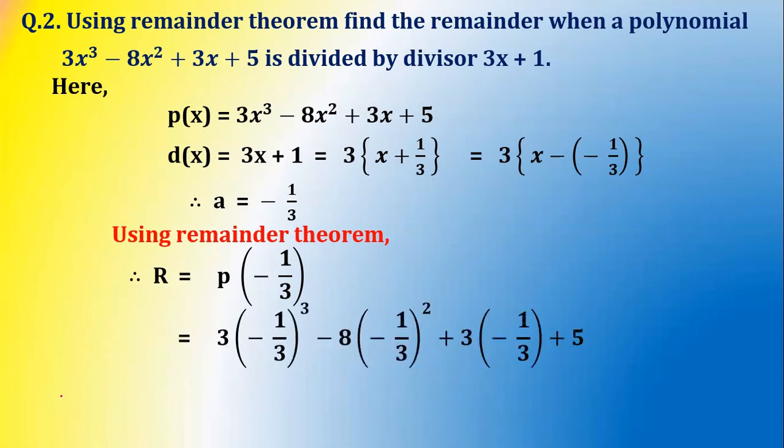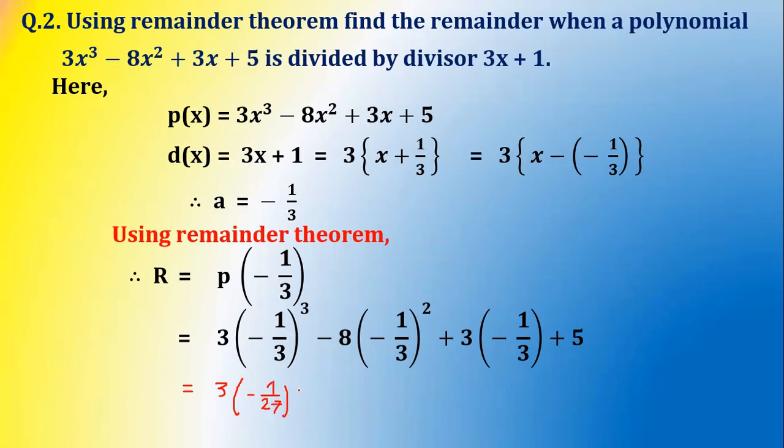When we apply the value minus 1 by 3 in p(x), wherever there is x, we can replace it by writing minus 1 by 3. It's a simple calculation, as you can see here. So it would be simply 3 as it is. There are various ways to calculate this one. Minus 1 by 3 whole cube would be minus 1 by 27. You can understand like this also.